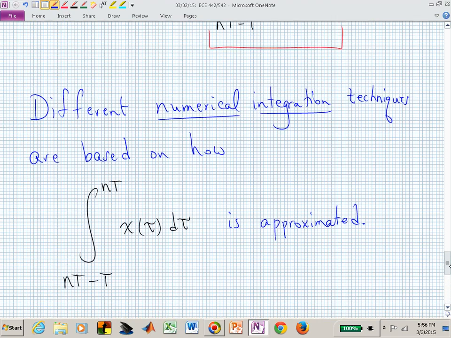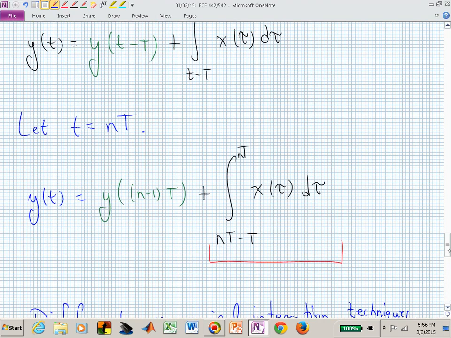That means in this expression right here that I have in blue, green, and black and red, I guess red is not in the expression, it's just highlighting the part that we are approximating.